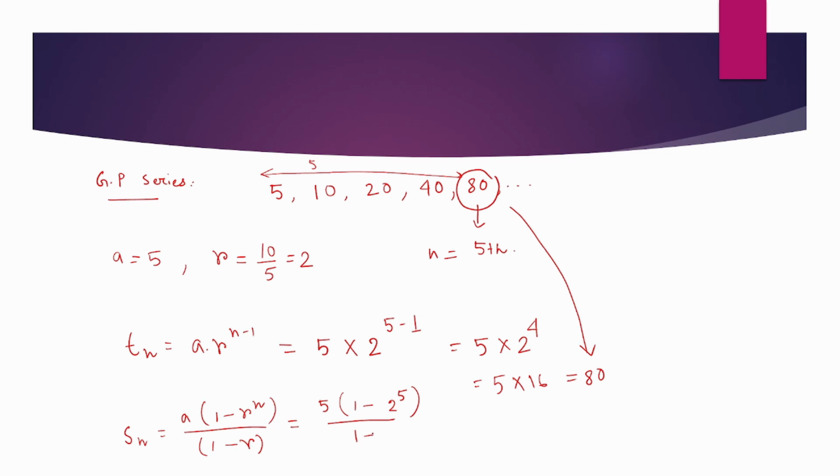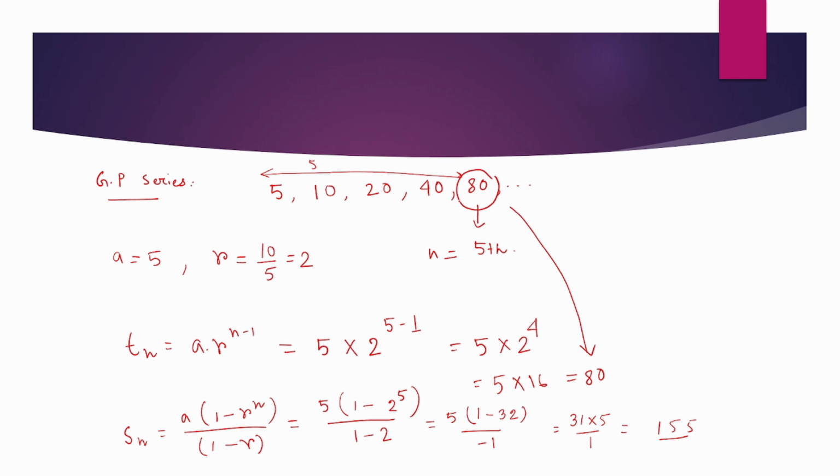So the value would be 5 times 1 minus 2 to the power 5, which is 32, divided by 1 minus 2. That is 31 times 5 divided by 1, so the value would be 155.